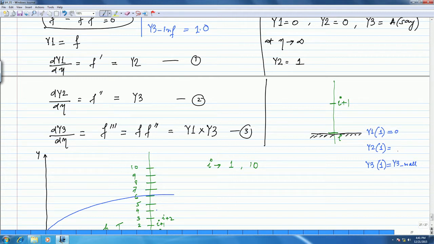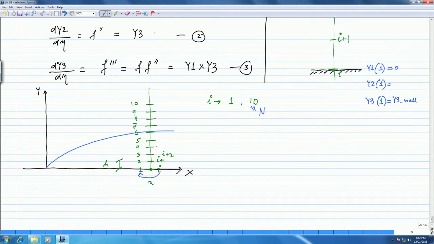And this one, y2 at infinity, like I said, we can call this, say, capital N, and this could also be an input value. So then I write this boundary condition as y2 N is equal to y2 infinity, which I also have as this one here.